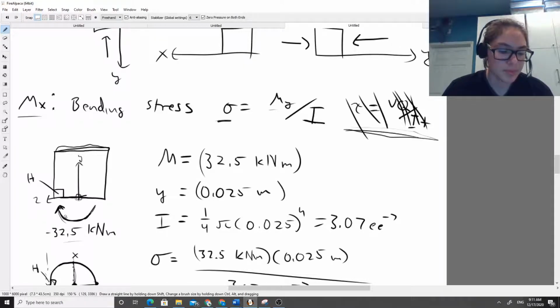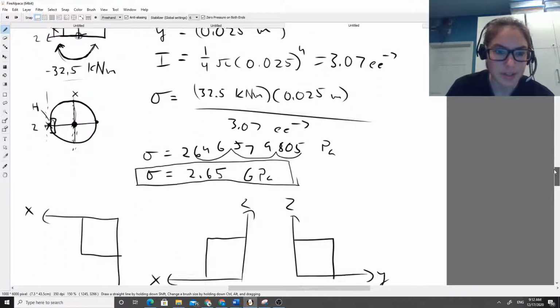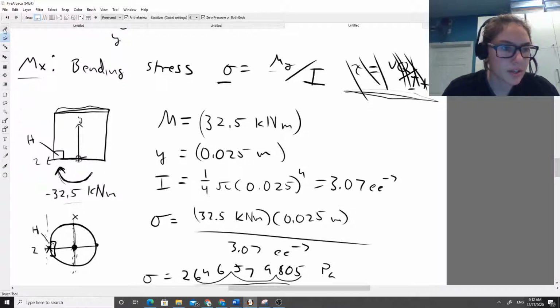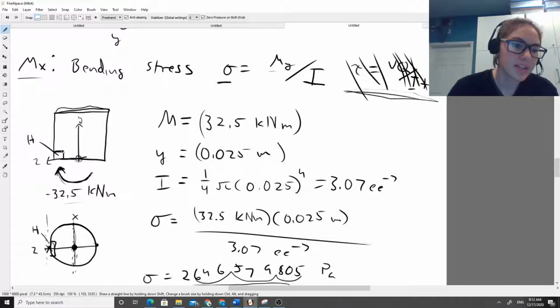If this were going the other way around, let's say going this way, then point H would be being pulled down, and that would be positive. But this is being compressed, which is why I only solved for the magnitude of this bending stress, so we can give the sign depending on whether the arrow in our diagram is compressing or pulling at this moment.